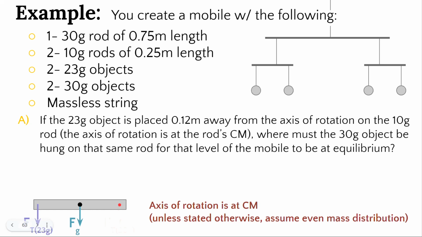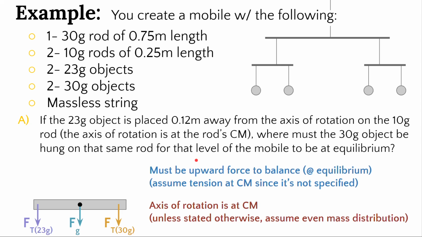And of course, I'm going to have another force of tension for the other mass on the other side. I have not drawn this to scale, and that's okay. We're just drawing a free body diagram. The forces don't have to be drawn at the exact right position right now because we don't know what that position is. Okay, so I have those forces.